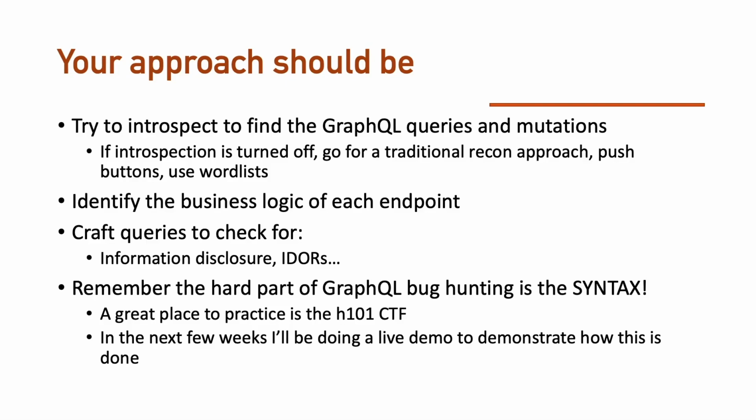Assetnote recently, I think last week or the week before, released all of their word lists, and that is just gold for getting started. Identify the business logic for each endpoint. So we have these queries. What we want to know from that is what that query is actually powering. Is it powering the checkout, or user data, or X or Y?